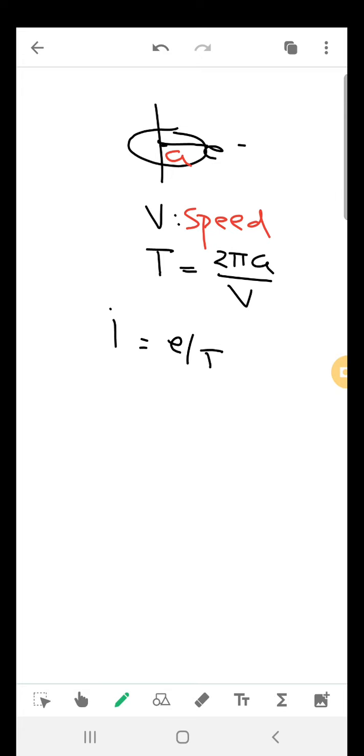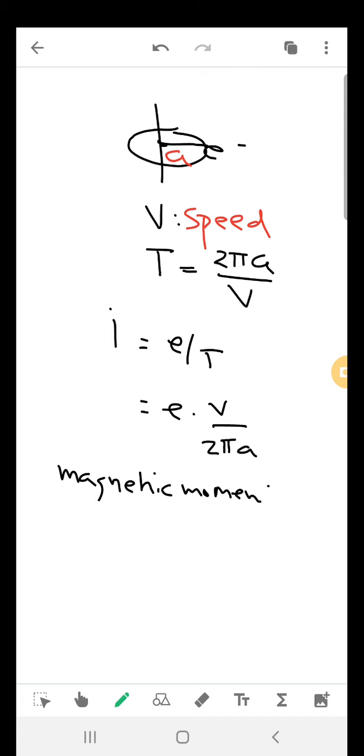So if we put the values of T here, it will be E into V by 2 pi A, and the magnetic moment is equal to I into area. That means I into pi A square.